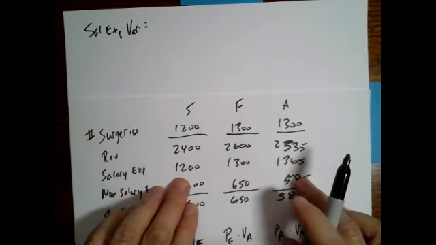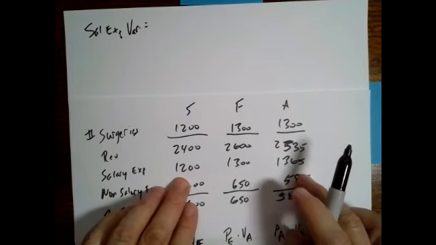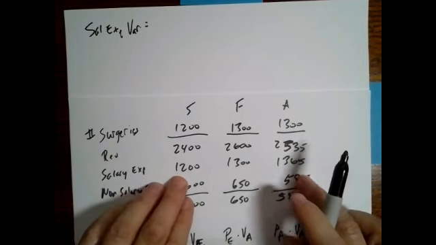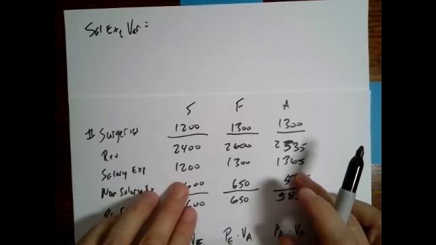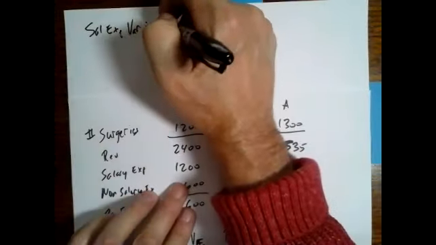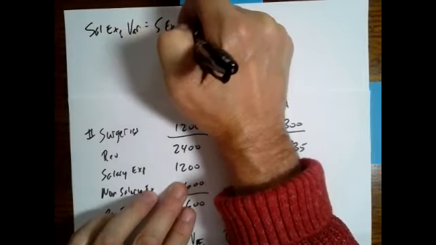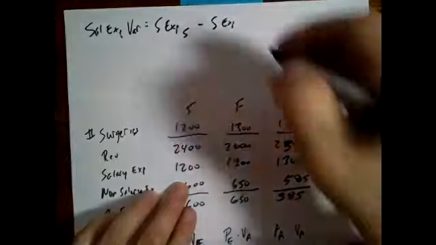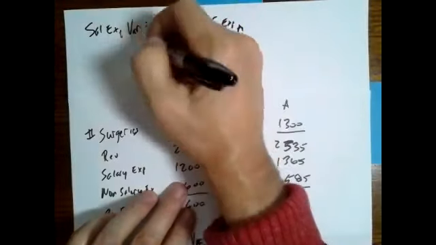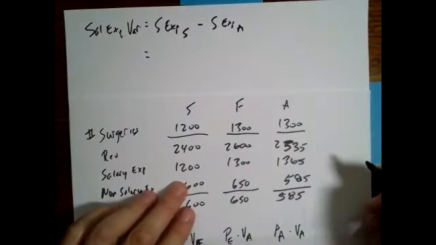So if static is bigger than actual, it means we projected a bigger number than we actually spent. Unfortunately, in this case, that's not true. So we want salary expense static minus salary expense actual to get our overall salary expense variance.